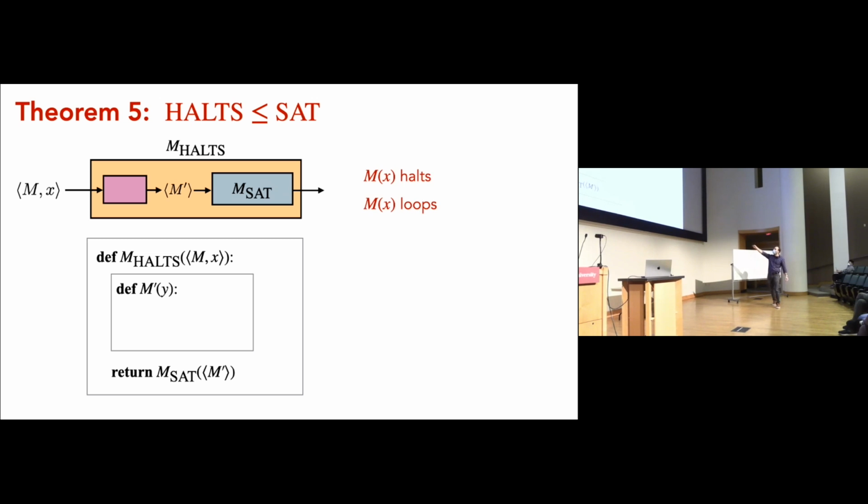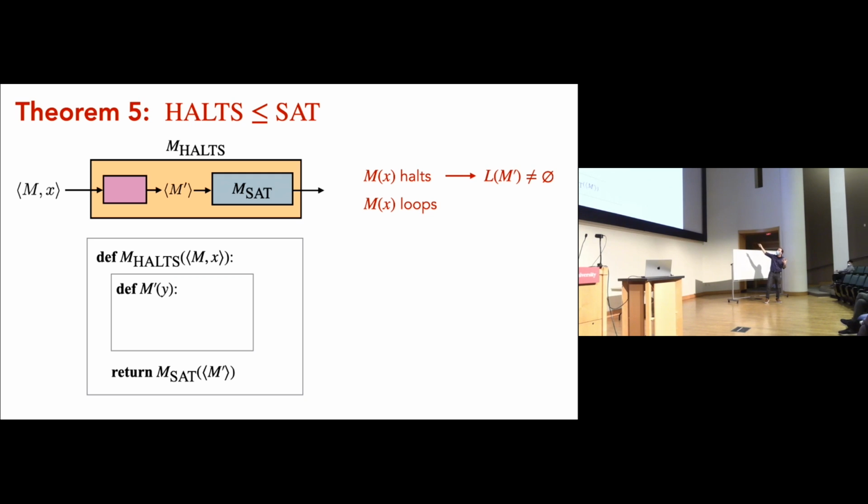So these are the two possibilities that I need to distinguish: m of x halts or m of x loops. I need to figure out how I can make that distinction, and how this is going to play out with respect to m prime. Well, if m of x halts, I want m prime to be satisfiable, so that the language of m prime is not the empty set.